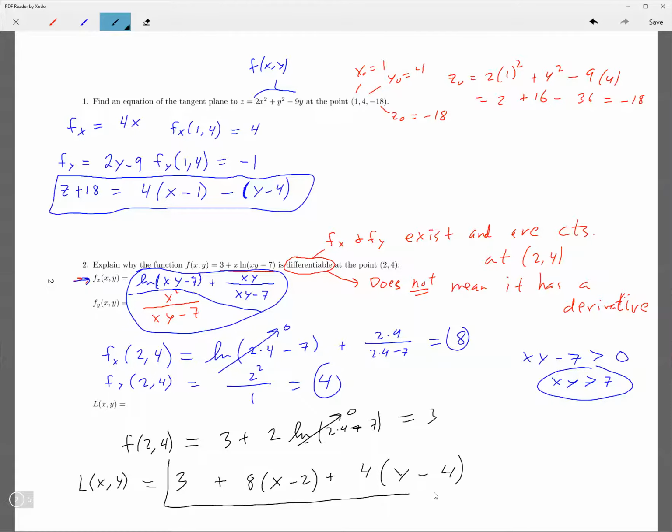Okay, so that's the linearization right there. We can see if they'll accept that. I don't know. Yeah, it accepted it.